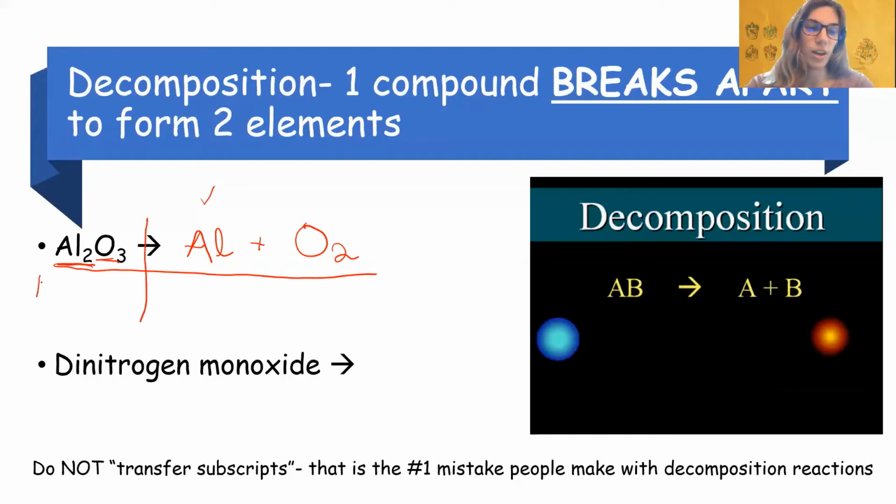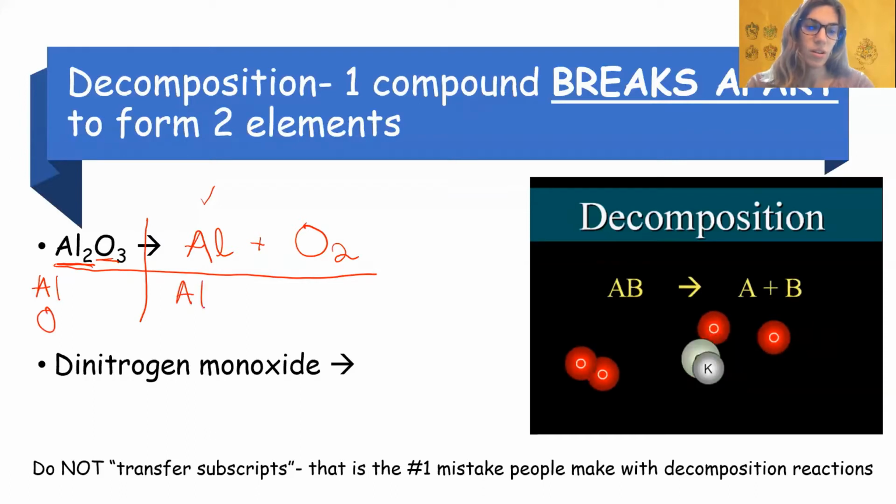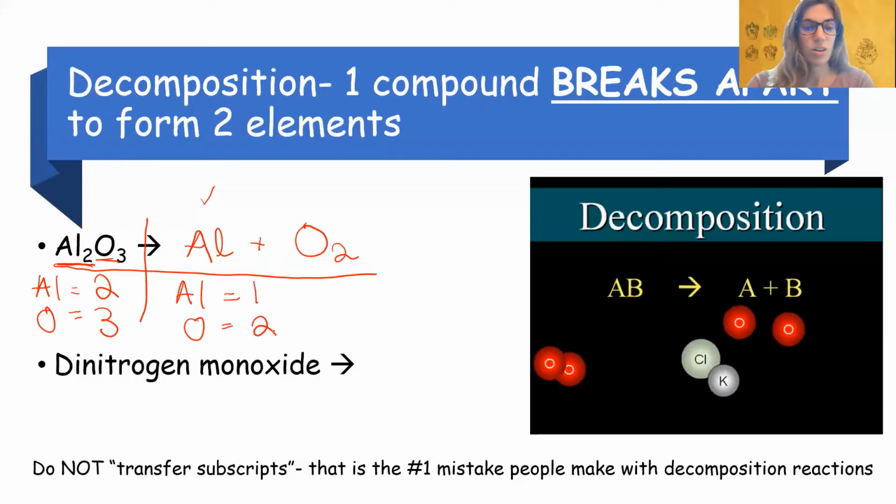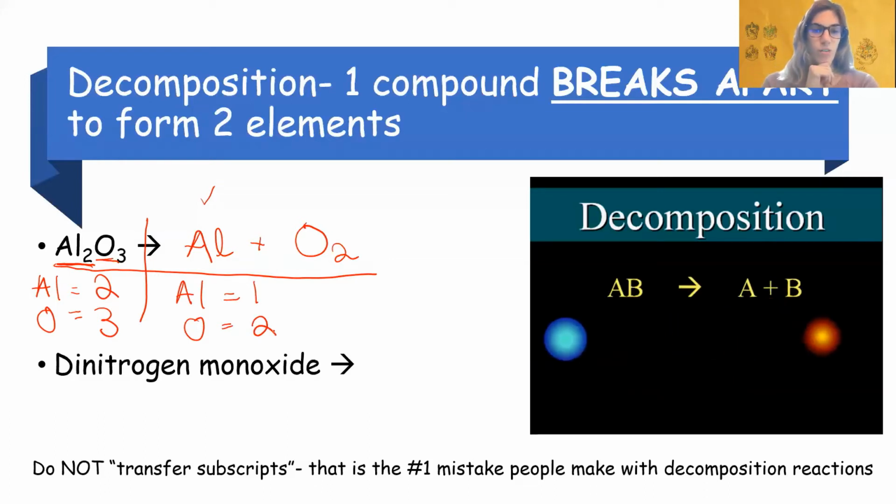So I'm going to set up my atom counting on both sides. I have 2 aluminums on the left and 3 oxygens, and I have 1 aluminum on the right and 2 oxygens. So I'm going to add coefficients. Where to start?